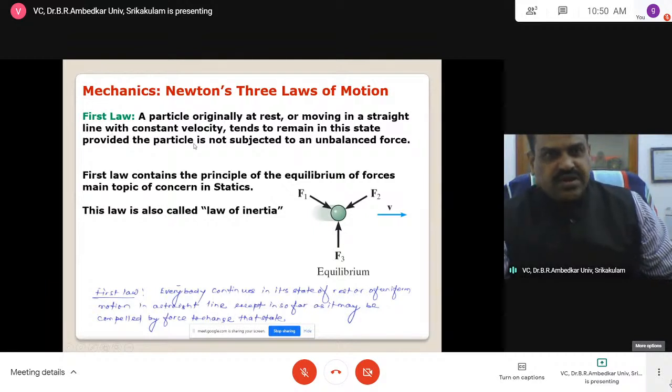Or in other words, a particle originally at rest or moving in a straight line in uniform motion. It is not a non-uniform motion. Acceleration is 0 here, only velocity, no acceleration.